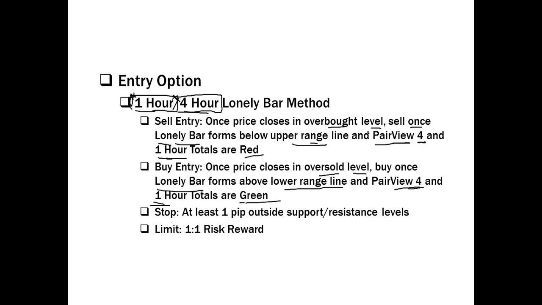A lot of my students don't have access to PitView, so they would just take this part out of it. A lot of institutions use this. In my case, if the 4 and 1 hour totals do not agree with this trade, I would wait until the 4 and 1 hour totals did go red to confirm it after I got a lonely bar to confirm the trade, if I'm using that as a trade filter.